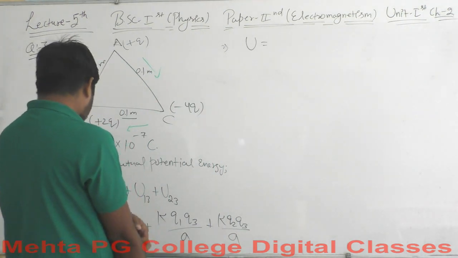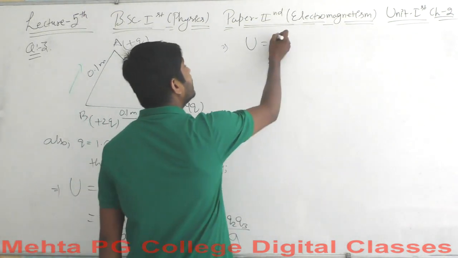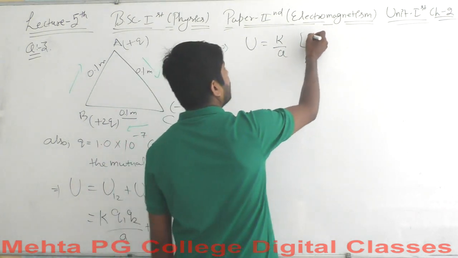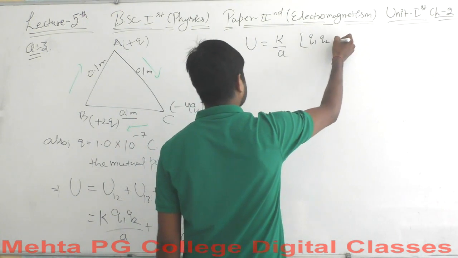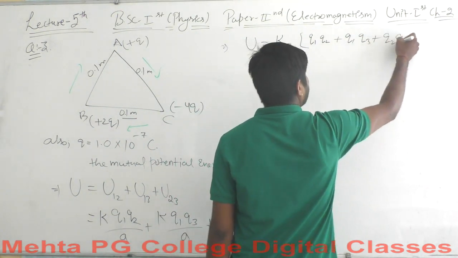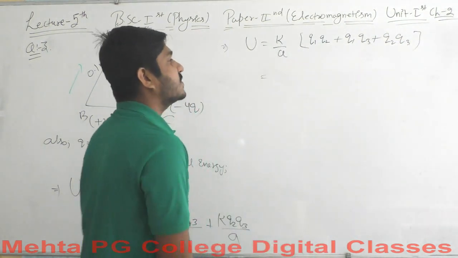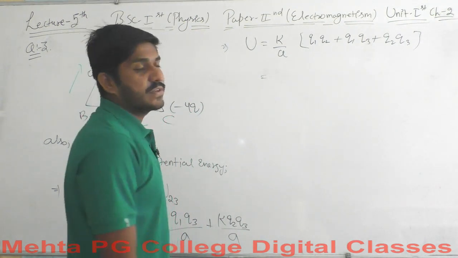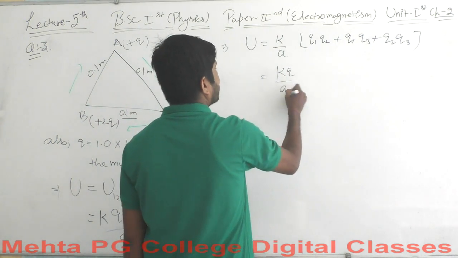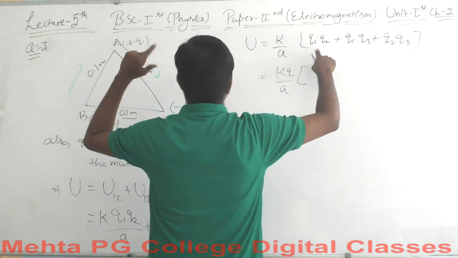In this way, U will again equal to, so what should be the value using K Q1 Q2 upon A? What are the constants here? K upon A is constant everywhere. This is for Q1 Q2 plus Q1 Q3 plus Q2 Q3. Again, what should be kept out of this square bracket is the Q here, KQ over A. So Q1 is only plus 1, so that doesn't matter here.